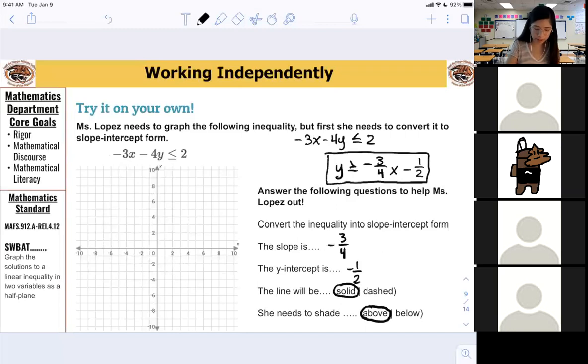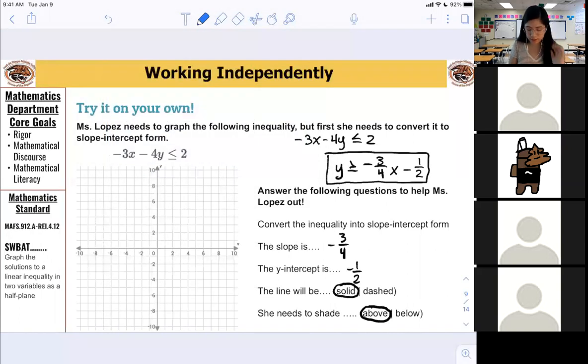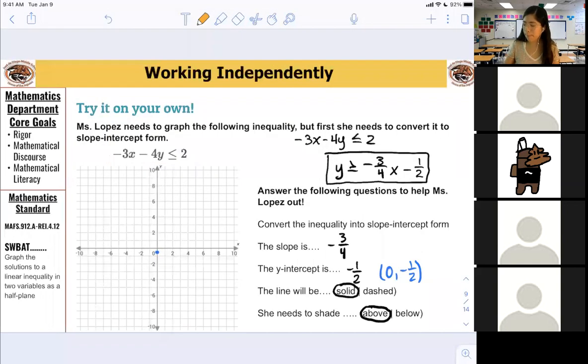Okay, let me go ahead and graph. Again, because of all these fractions, do not stress if this is a little confusing, but this is 0 comma negative 1/2. So that's right here. And then what are my directions? Where am I going? Down 1 to the right 2. And careful, we're looking at the slope though, not the y-intercept. Oh, I'm sorry. Down 3 to the right 4. Good.